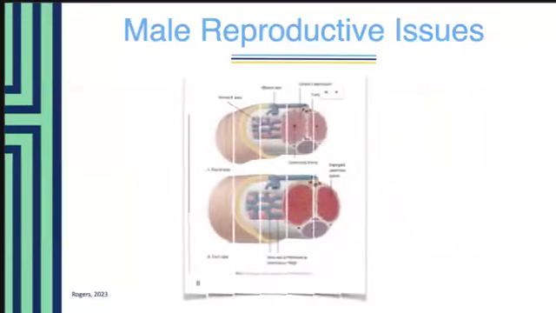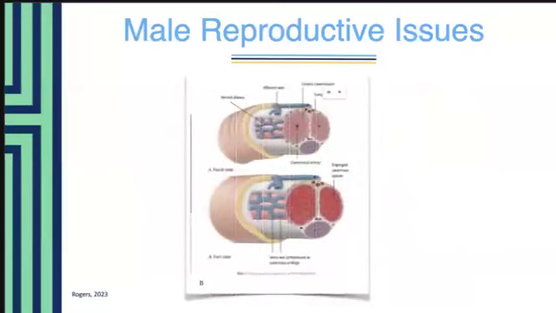Next is priapism, which is a persistent, painful erection lasting more than 4 hours without any sexual stimulation. So ischemic priapism is the most common type, and this is caused by venous outflow obstruction and lack of oxygen supply to the penis.